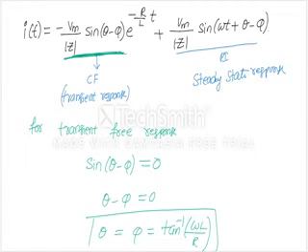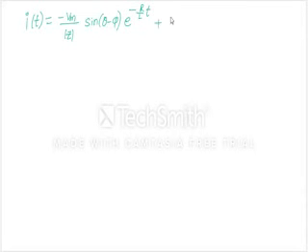We should apply the same condition here now. See this equation; we can modify it here. The current expression is the same, and we need to find the initial condition. That is Vm by mod z into sine of theta minus phi into e power minus R by L into t, plus Vm by mod z into sine of omega t plus theta minus phi.